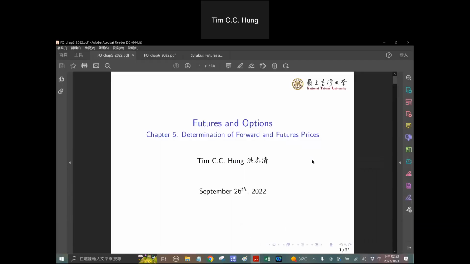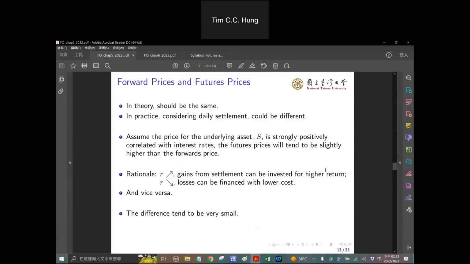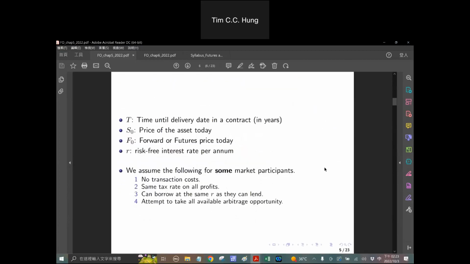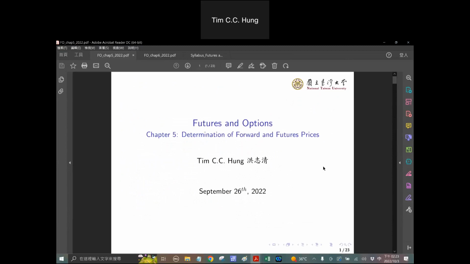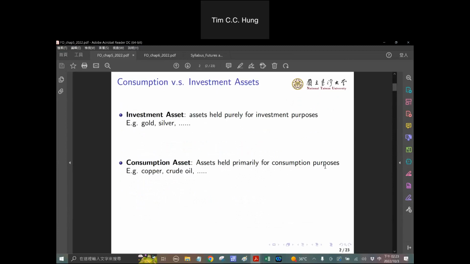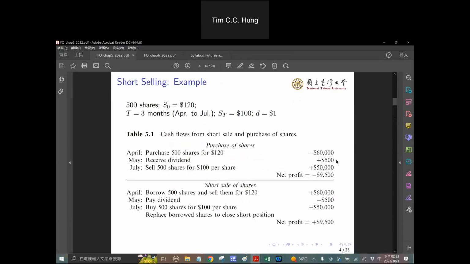Let's get back to our course contents. We finished somewhere on page 13 last week. So what is chapter 5 about? Chapter 5 is about determinations of forward and futures price. During the first half of the chapter, we talked about how we classify assets into investment assets or consumption assets, and how we could build futures or forwards contracts on these underlying assets.